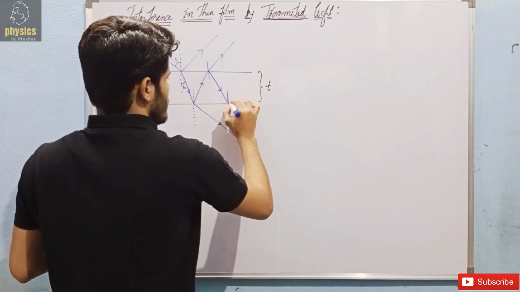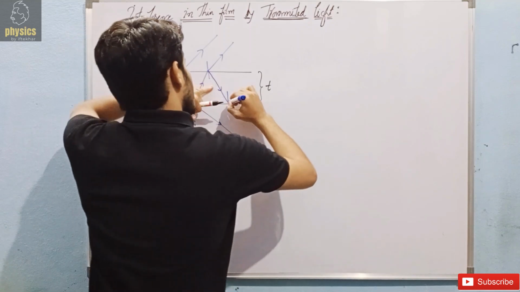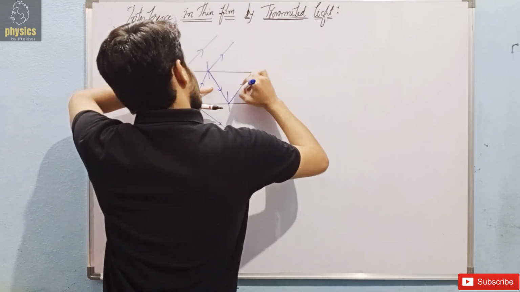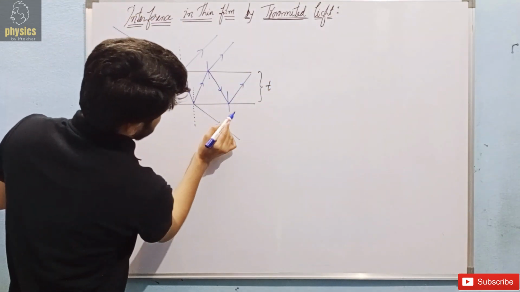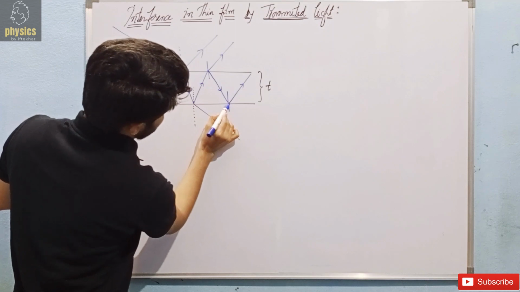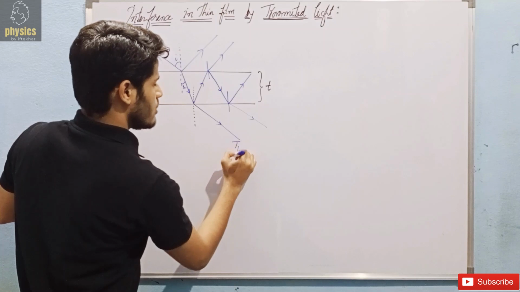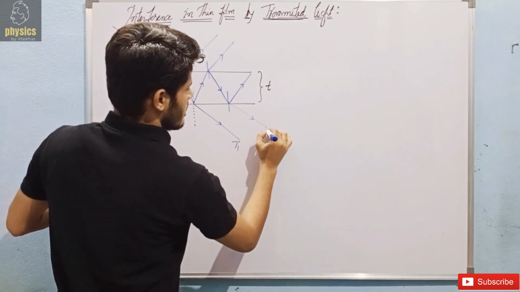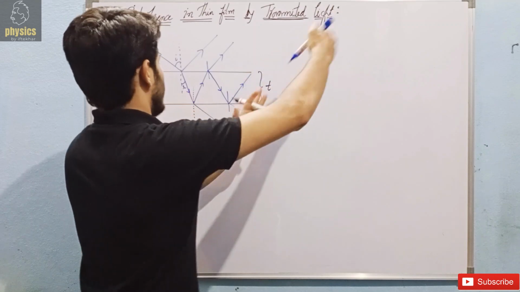And again the same: at the bottom surface, part of this light ray will reflect and part will be transmitted, coming out of the thin film. So here I have one transmitted ray, and here I have the other transmitted ray. Similar phenomena will occur likewise.